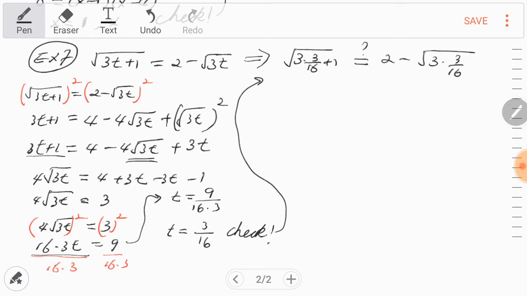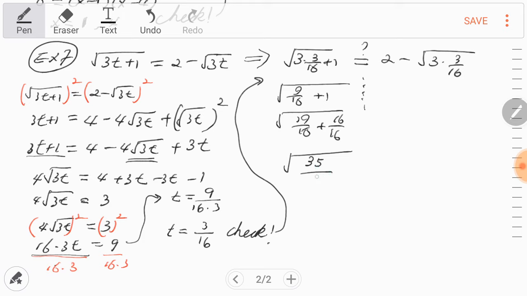Okay, let's check. So this is equal to square root of 9 over 16 plus 1. Then square root of 9 over 16 plus 16 over 16. Then square root of 25 over 16.